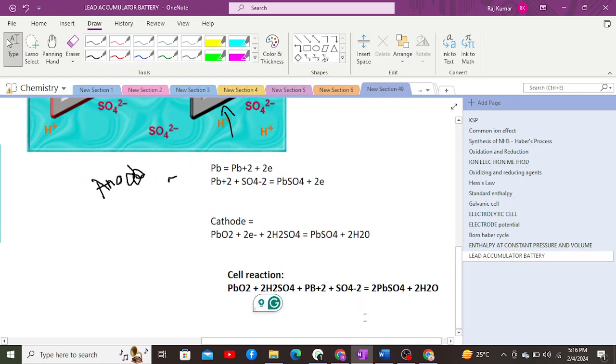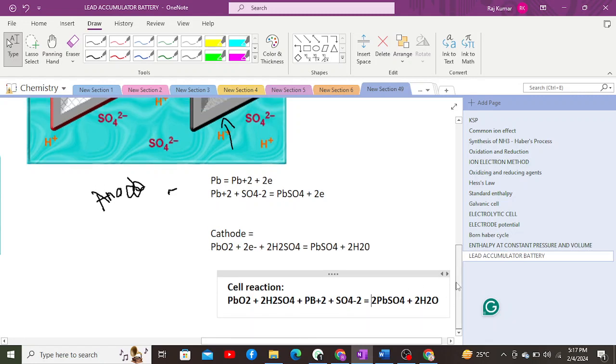Now after the reaction, lead sulfate will be formed on both sides, cathode as well as anode, as a result of which the reaction will be completely over when the electrolytic solution is completely decomposed, which means both of the electrodes will be 100% covered with lead sulfate.